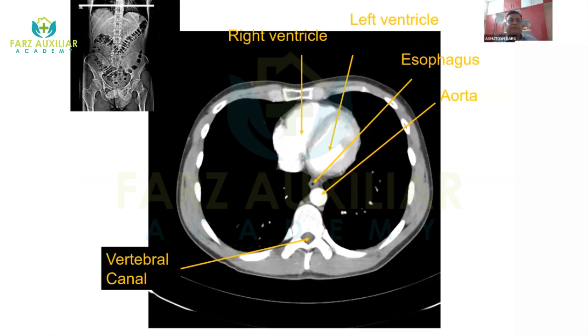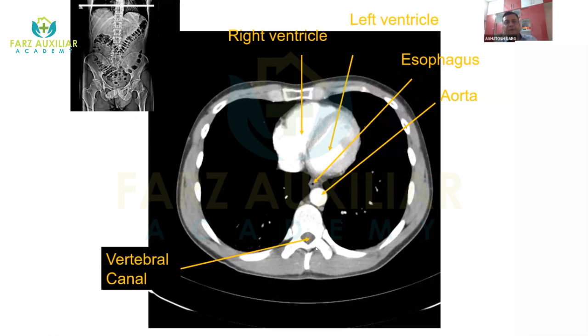Then you can see the structure of the heart. This is the right ventricle, triangular in shape, and the round one is the left ventricle, and in between there is the interventricular septum. This is the aorta, and this one is the esophagus.